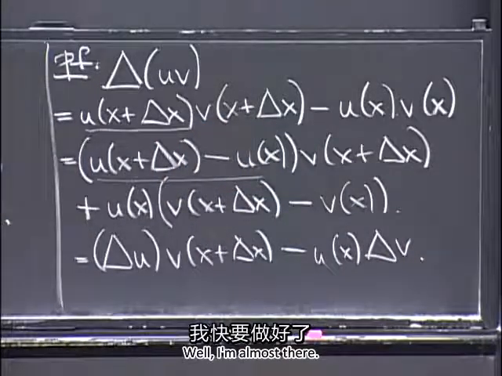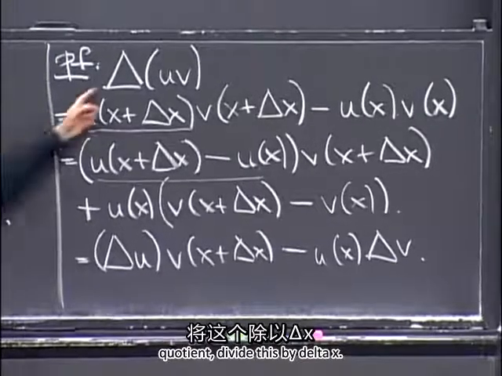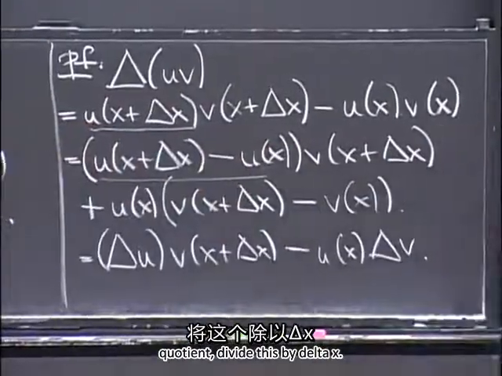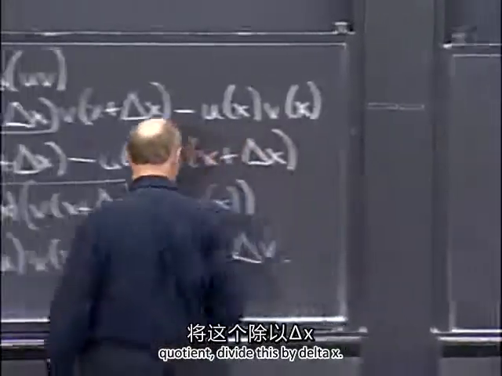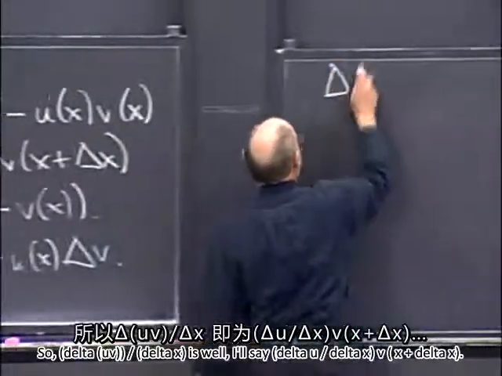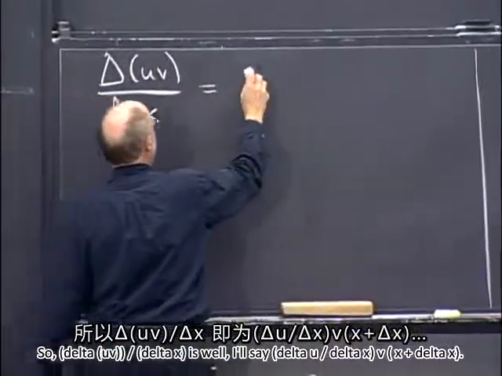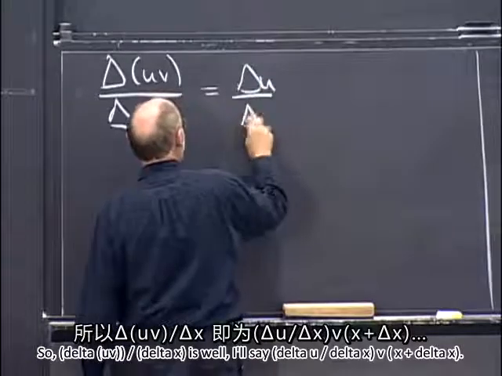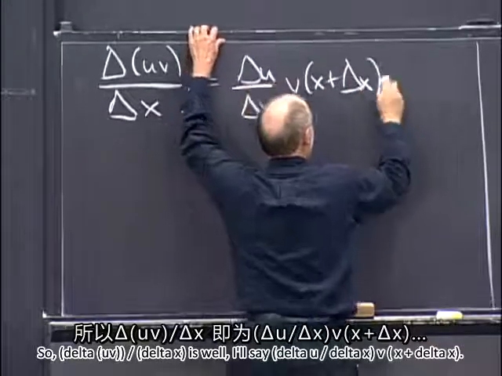Well, I'm almost there. The next step in computing the derivative, take the difference quotient, divide this by delta x. So delta of uv divided by delta x is, well, I'll say delta u divided by delta x times v of x plus delta x.